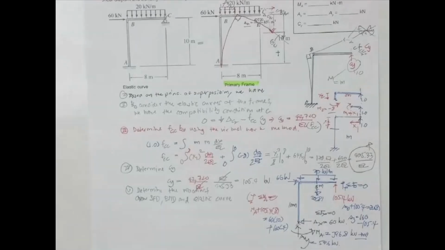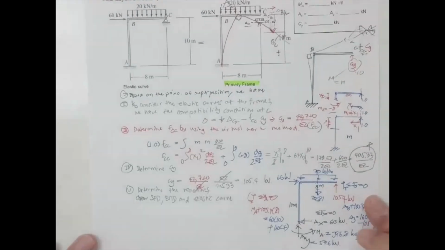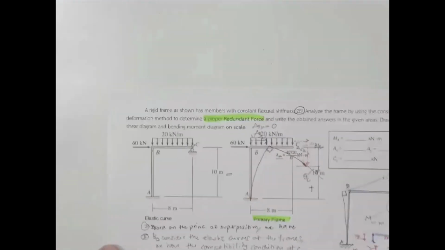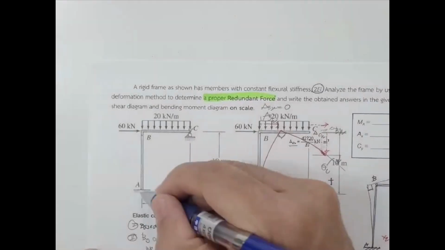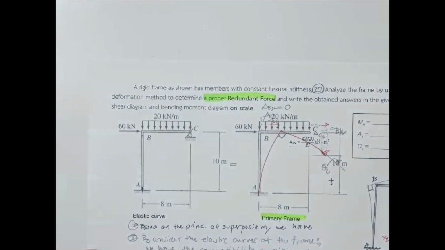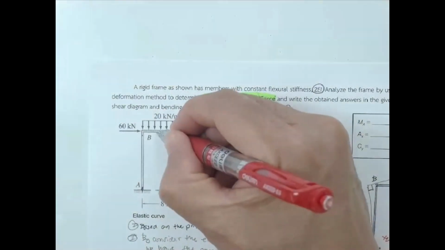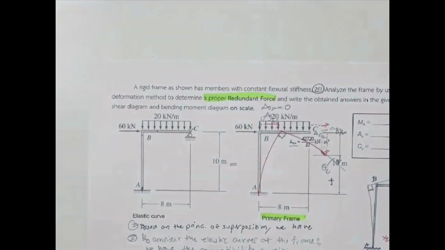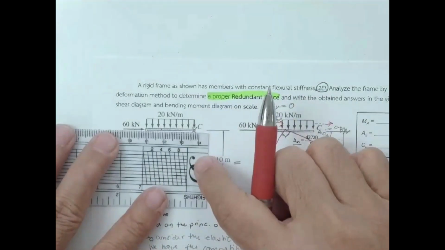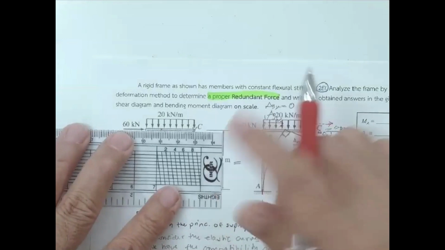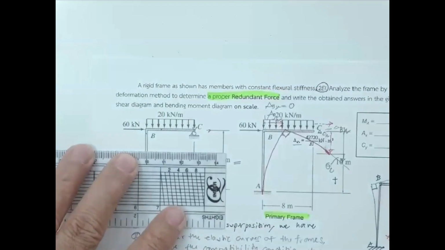For the shear force diagram, bending moment diagram, and elastic curve, let you guys do it by yourselves. Let me take you to this one. You don't actually need the bending moment diagram if you set this one to a fixed end. And for the force here, this one is supposed to move over here. If this one moves by 8 millimeter, the C is also required to move by 8 millimeter.